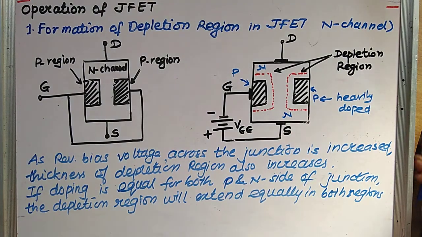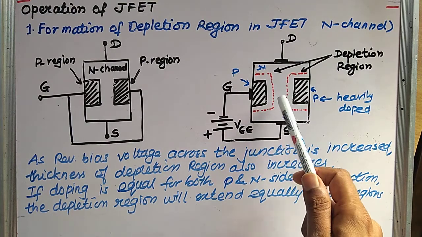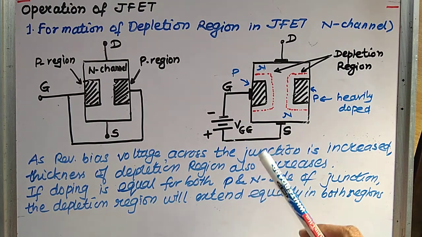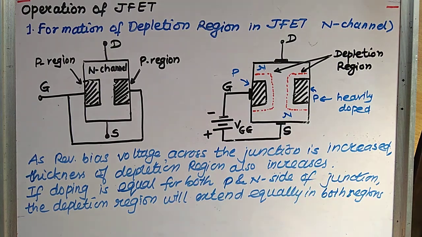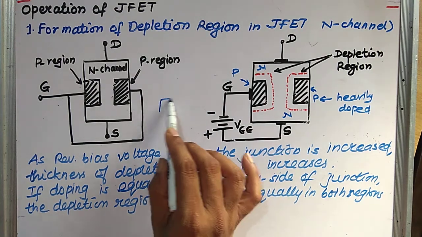Now, as the reverse voltage across the junction is increasing, the thickness of the depletion region also increases. If the doping level is equal in this P and N region, then the thickness of the depletion region in N side as well as in the P side will be same in both the regions. For example, I will draw a small diagram here.